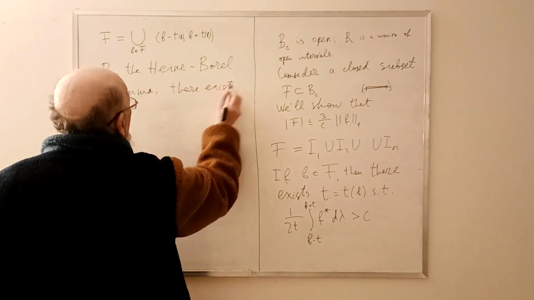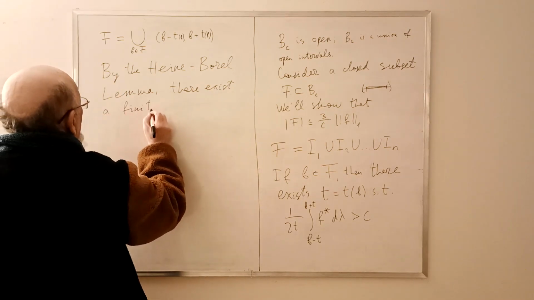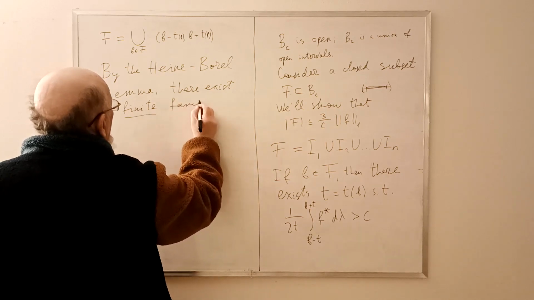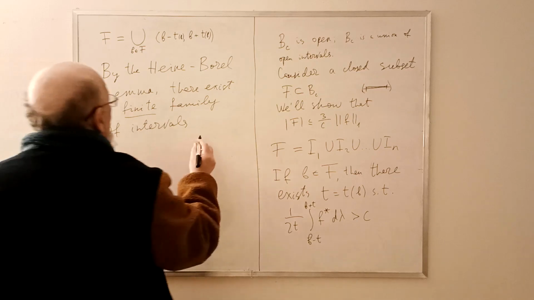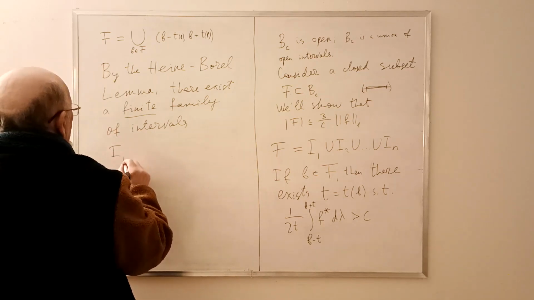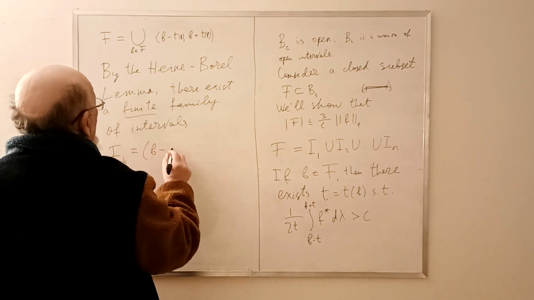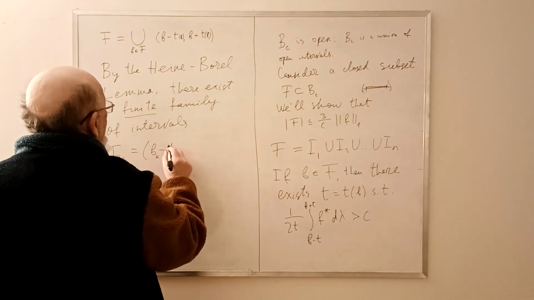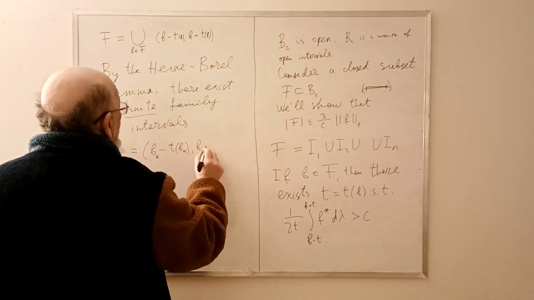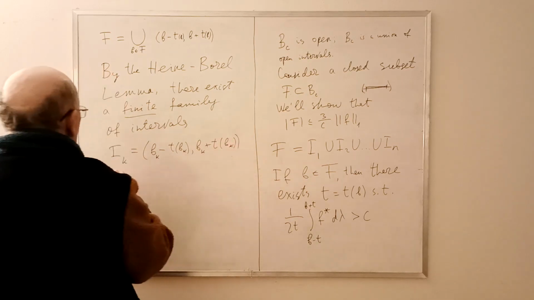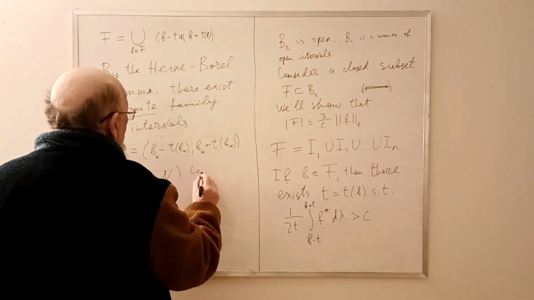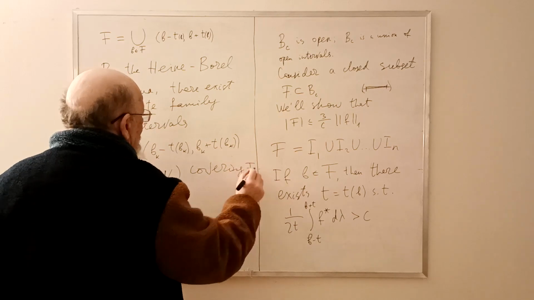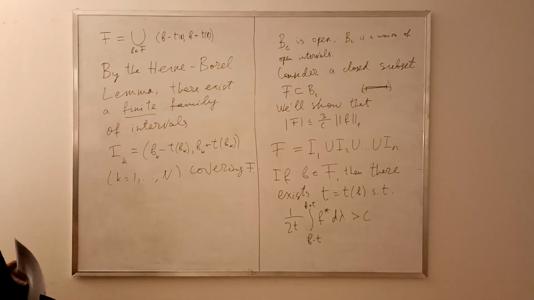There exists a finite family of intervals I k equals d k minus t of d k, d k plus t of d k, k from 1 to capital N, covering F. So F is covered by a finite number of these intervals.